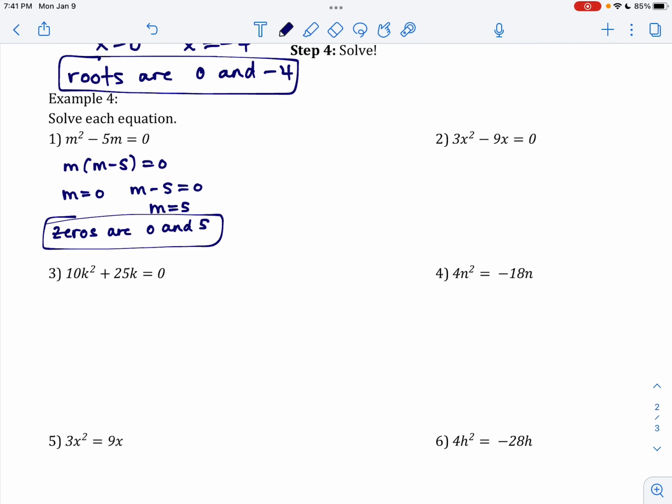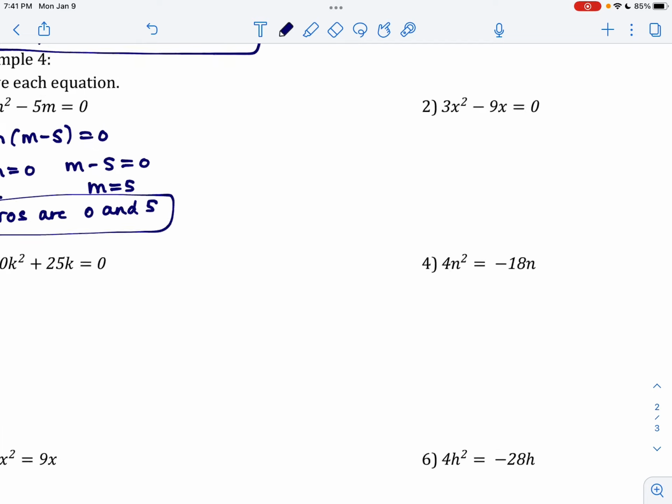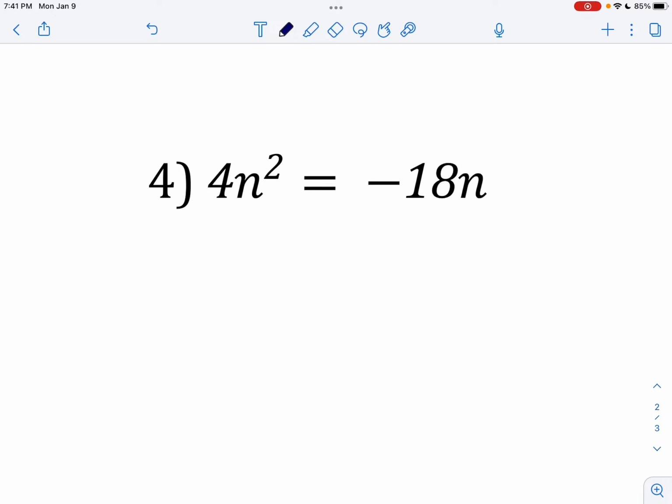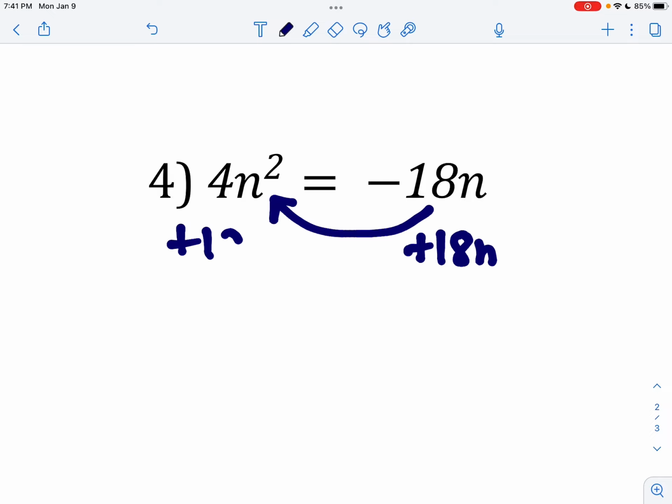We're going to take a look at number 4. What's different about number 4 is that it's not set equal to 0. So we have to make it equal to 0 in order to do the zero product property and to find the roots. So what I need to do is move this over here by adding 18n to both sides.